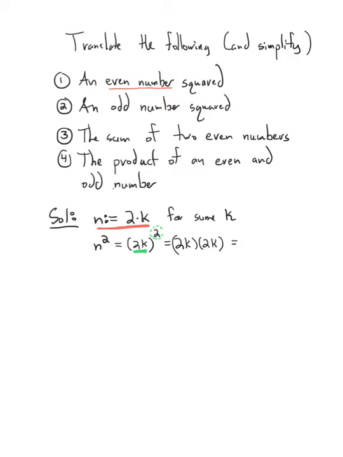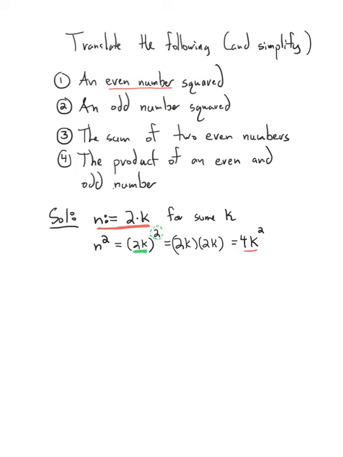And remember, multiplication, we can just move things around how we like. So 2 times 2 is 4. So we have 4 times k times k. And k times k we can write as k squared. So that's great. So we wrote an even number squared and simplified it to get 4 times k squared, which is fantastic.